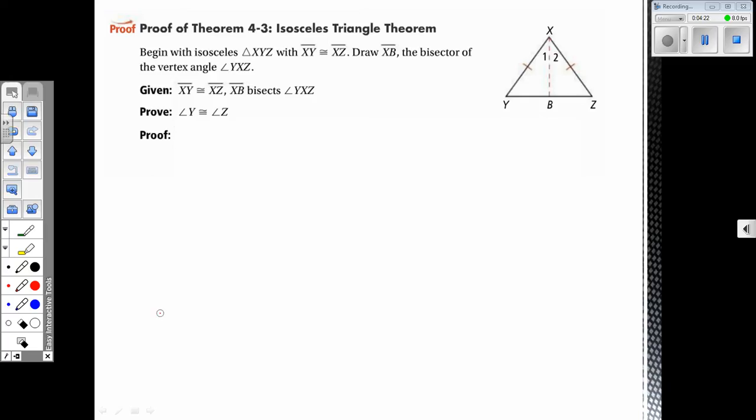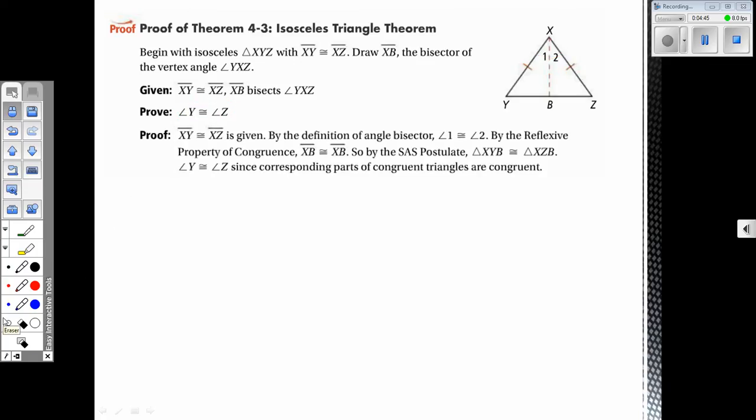And if those 2 angles are the same, and these sides are given to you the same, and XB is equal to itself, the triangles are congruent by side angle side. Okay? So that means this is true by corresponding parts of congruent triangles are congruent, or what we did yesterday. Right?